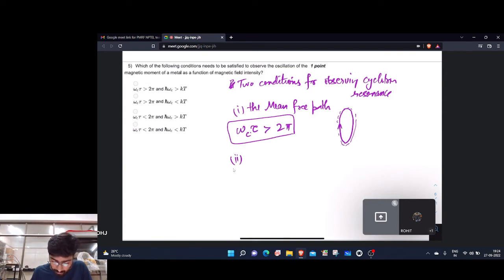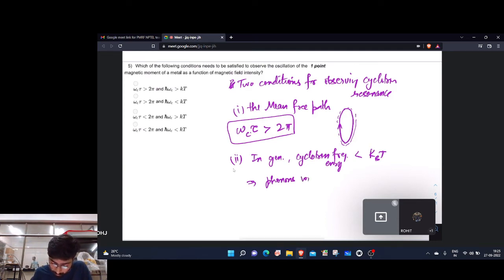And the second is that the cyclotron energy should in general be compared with the thermal energy. If the cyclotron energy is smaller than the thermal energy, there is a greater possibility that phonons will scatter these electrons.